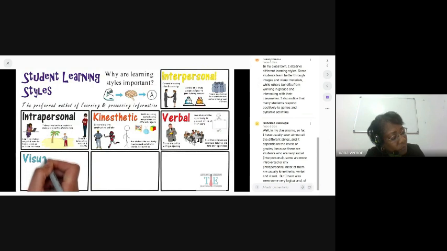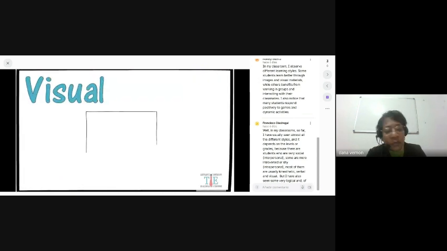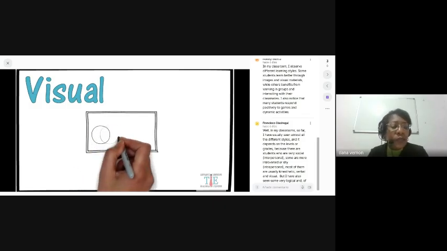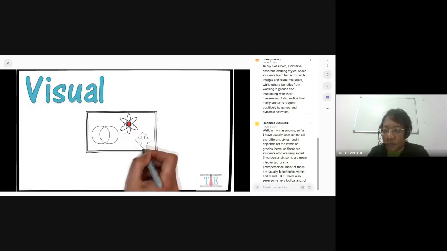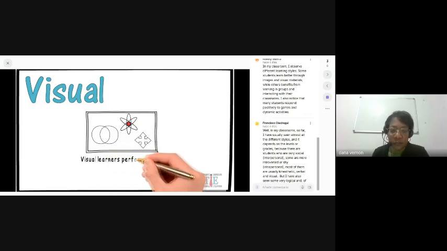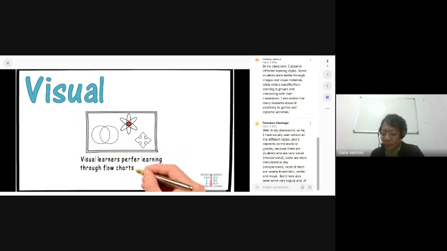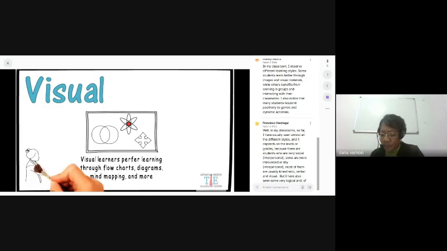Continuing forward, visual learners. From my experience in the classroom and through years of conducting student learning style inventories, I can say visual learning style is one of the most popular learning styles. Visual learners prefer to learn through flowcharts, diagrams, mind maps, and many infographics. I myself am a visual learner.